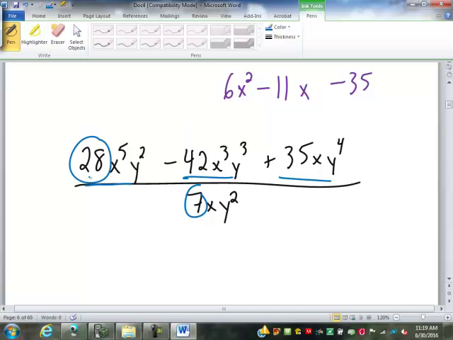So we start out with the first one. 28 divided by 7 is 4, right? So then what power of x is going to go there? X to the 5th divided by x. Think of this: 5 minus 1 is going to be 4. When you divide, you subtract them. How about the y?